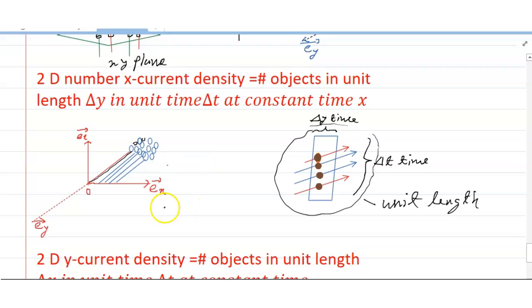So friends, you will see that n_x is equal to number divided by del t times del y, and we see that 4 particles cross this line per unit length. So this value is 4. I hope that is clear.